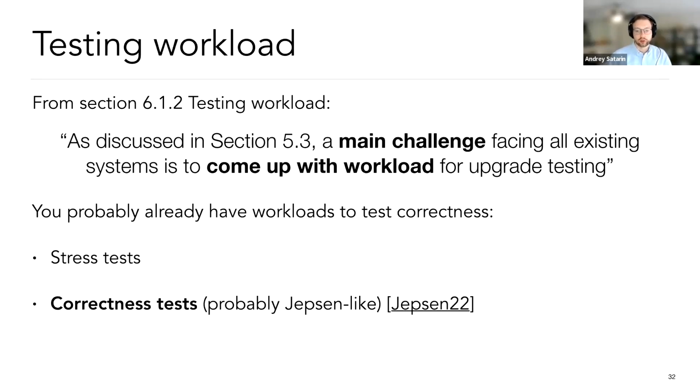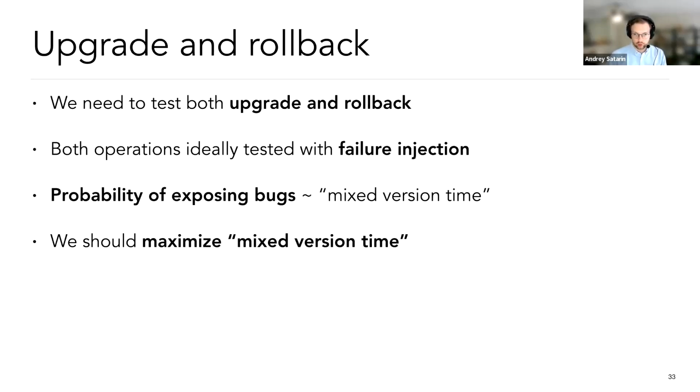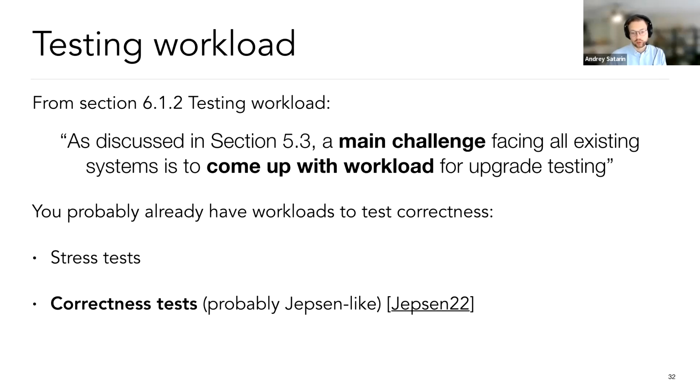So if your system returns an incorrect result during upgrade, not just crashes, not those 70% of easy to detect failures, but something more subtle like returning an incorrect result, you can also detect those, because you're using correctness tests which actually validate those, and also using fault injection, because this is what Jepsen-like tests do.